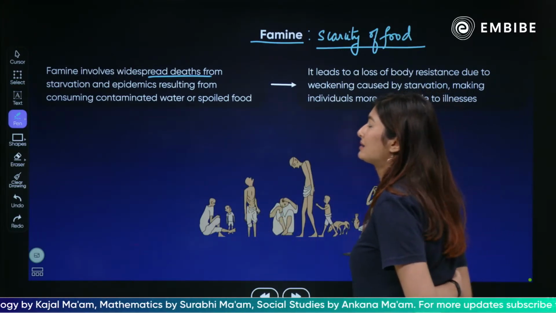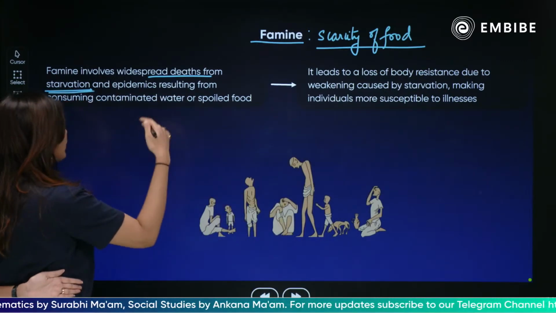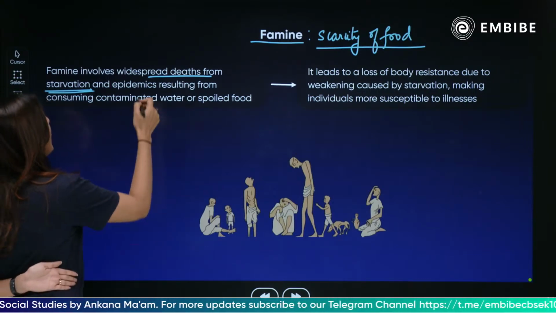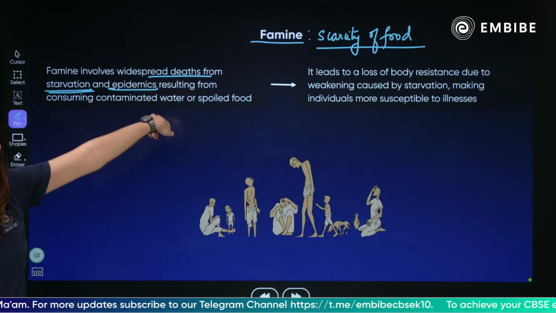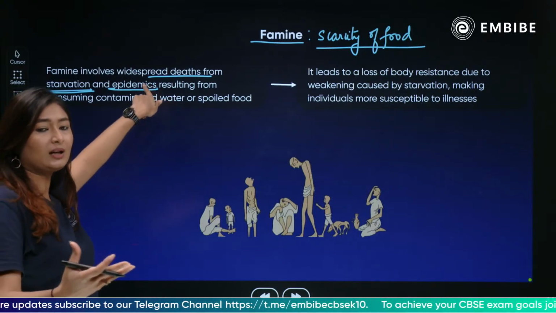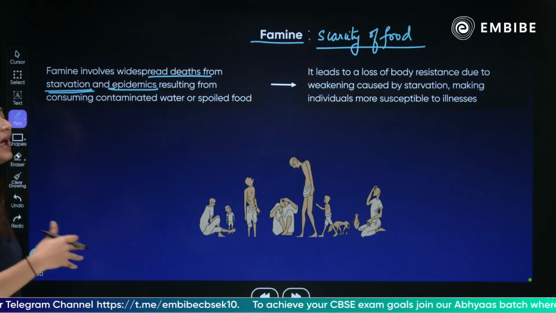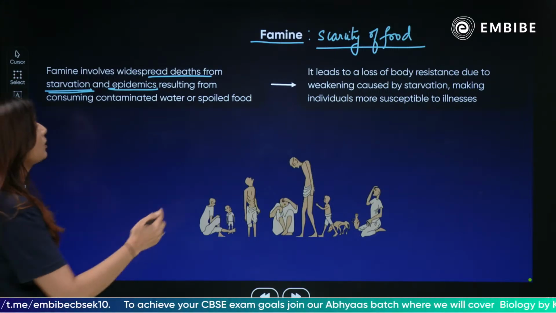And epidemics. So naturally, when people are very, very hungry, it will lead to a lot of deaths. People will be starving to death. Epidemics, because they will be falling sick. Of course, due to the shortage of food, but otherwise also it can be an epidemic where people are just sick and dying, resulting from consumption of contaminated water or spoiled food.